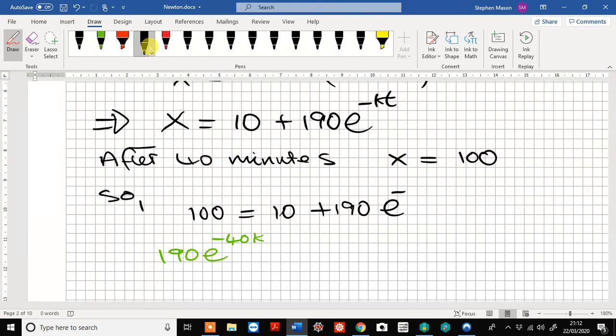So we've got 40k. Go back to the green pen. And that's equal to 100 minus 10, which is 90.